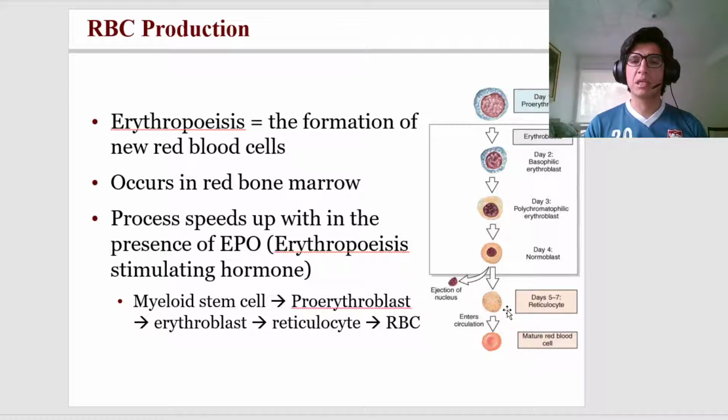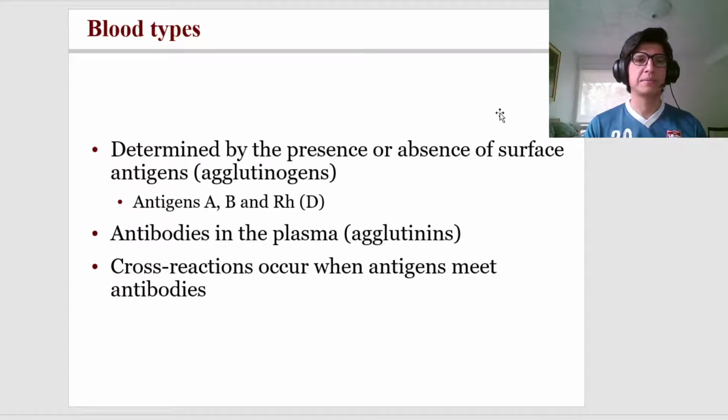So the reticulocyte is going to mature into a red blood cell, and you have a reticulocyte whenever the erythroblast basically loses its nucleus. Within this transition, you have a high upregulation of protein expression, specifically hemoglobin. And prior to that, you have your proerythroblast.